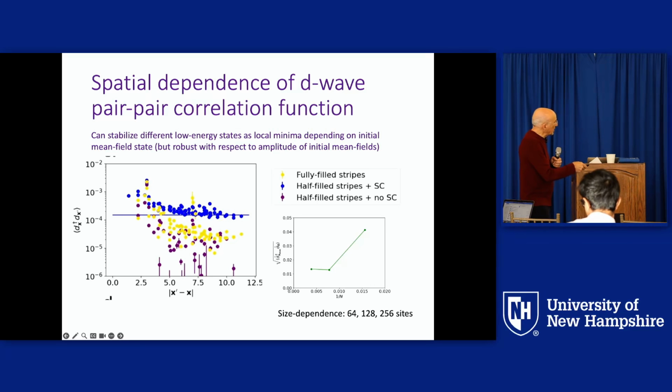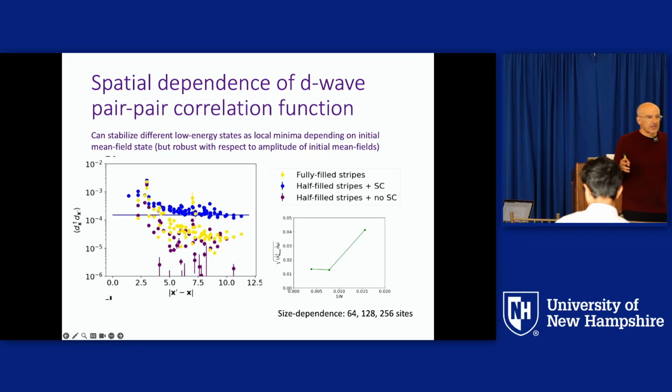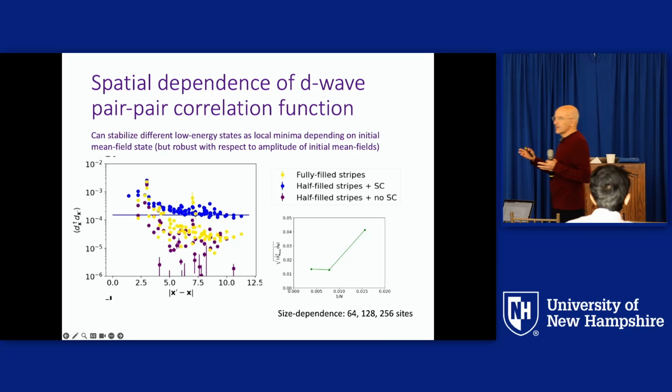This is a plot that shows how you can extract a value of the order parameter, which is the square root of this, as a function of the size of the system. We only have 3 sizes on this plot. Why do we have 3 sizes? Because we pick a cluster size which is compatible with period 8 stripes.